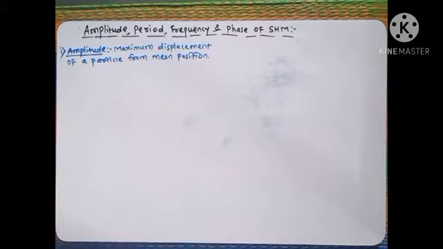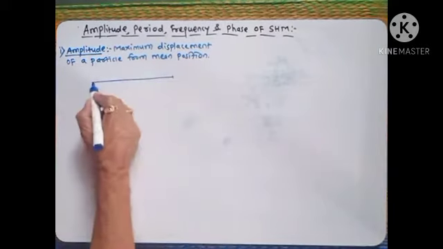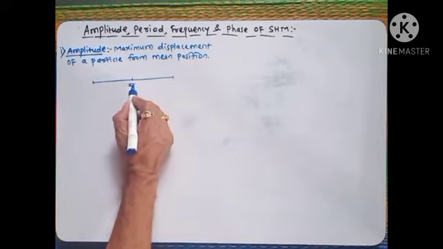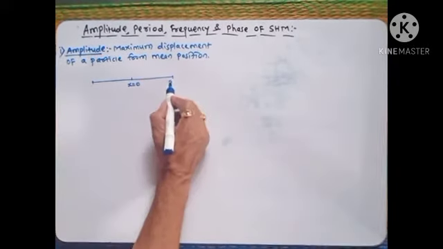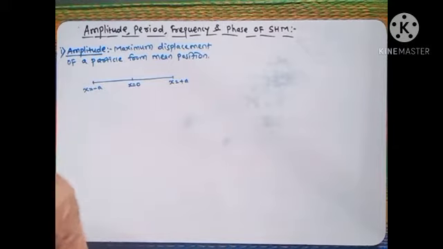Maximum displacement of a particle from mean position. Suppose we consider this is the path, then at mean position x equal to 0, x equal to plus a, right extreme, and x equal to minus a, this is the left extreme.